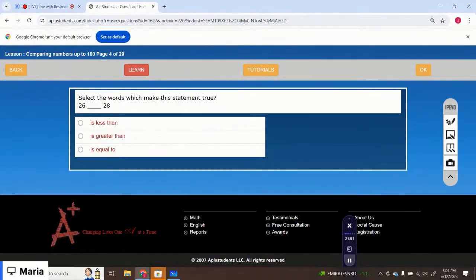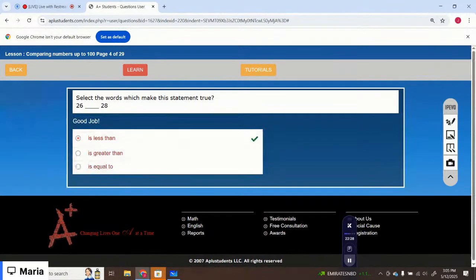Select the words which make this statement true. 26, when counting, comes before 28, right? That means 26 is less than 28. The correct option is less than.